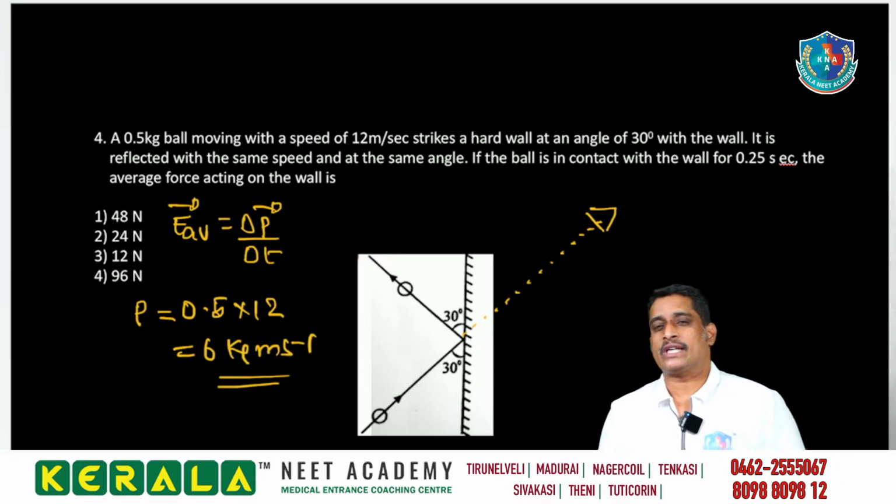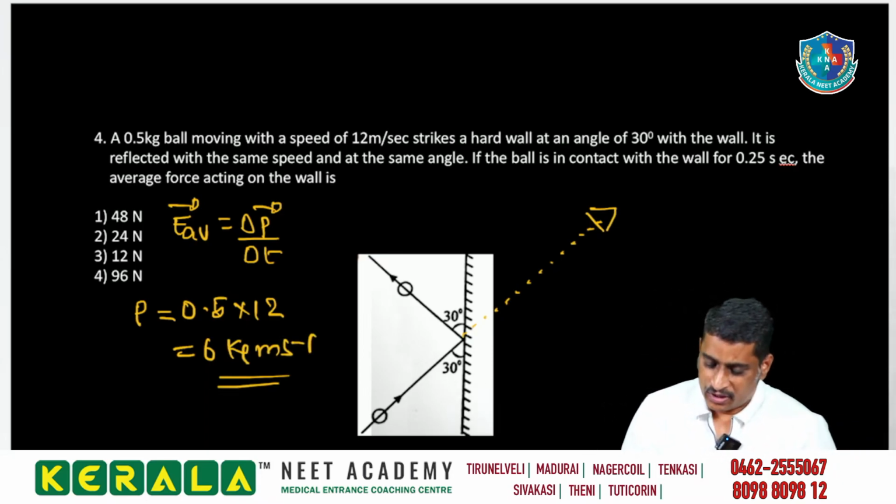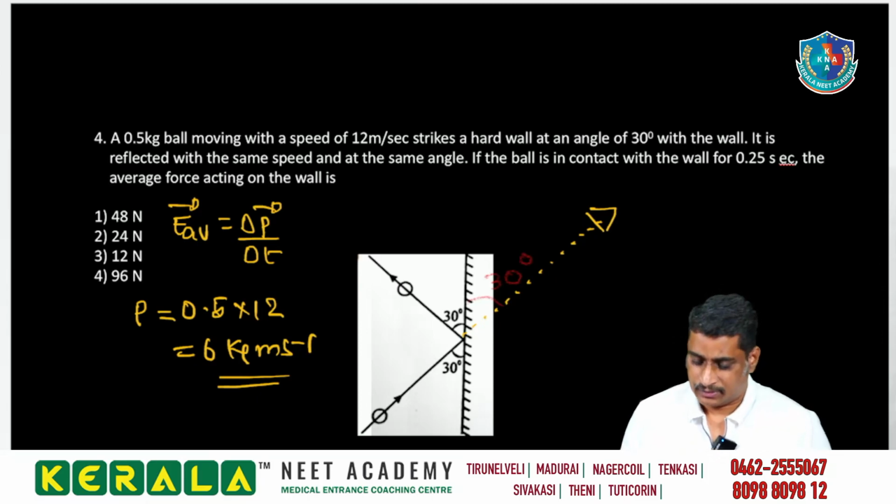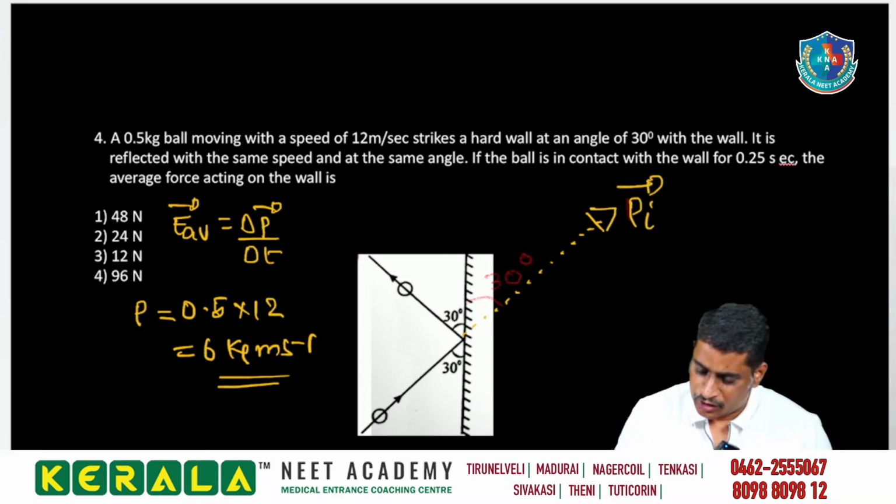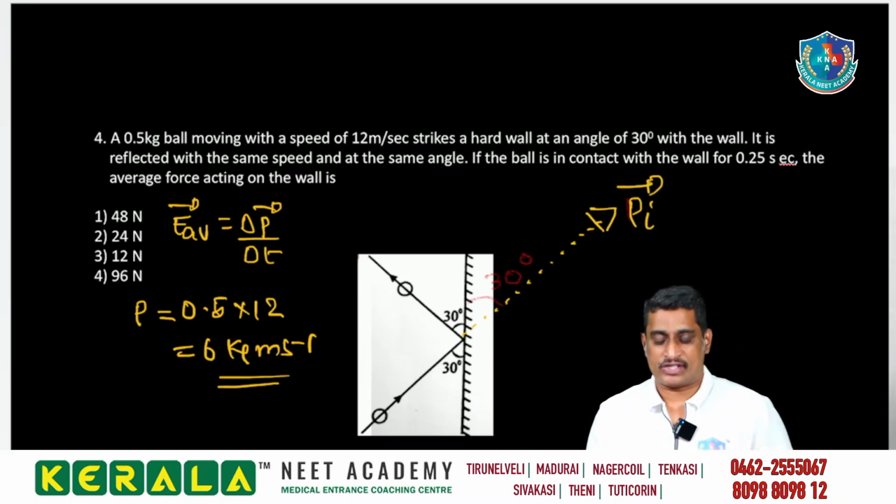Initially, that particle is moving in a direction making an angle of 30 degrees with the wall like this. So this is the direction of initial momentum of the particle in this example.